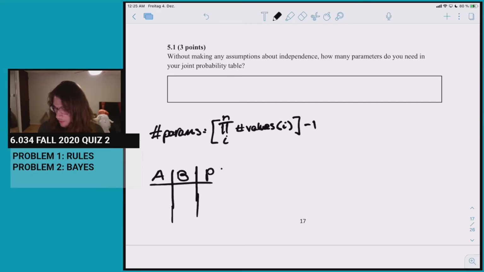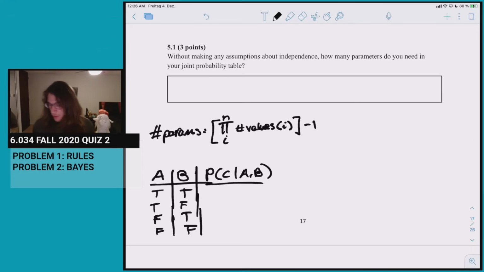So this is the probability of C given A and B. So A is true, B is true; A is true, B is false; false, true; false, false. So how many parameters do I need in this probability table?